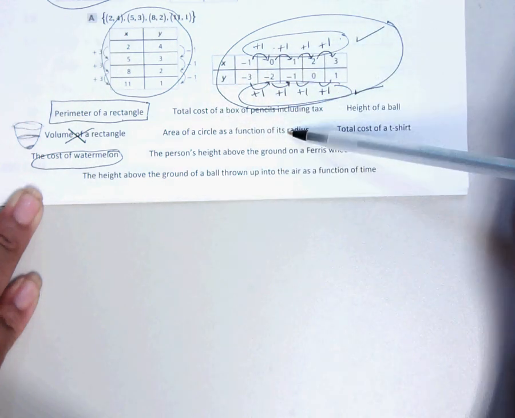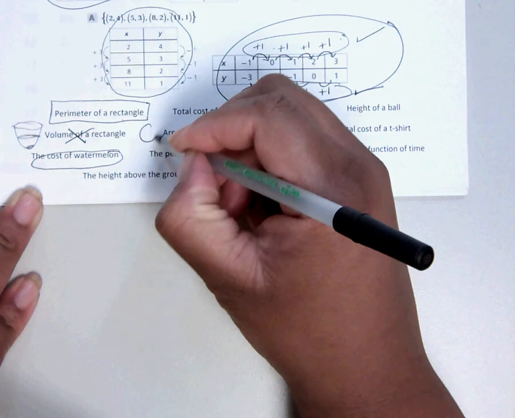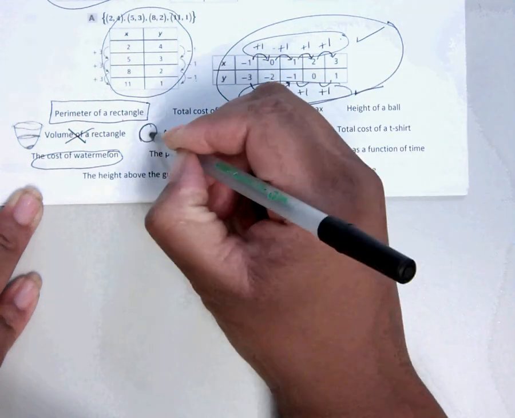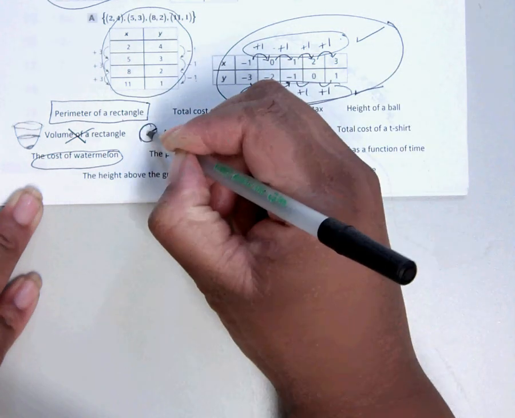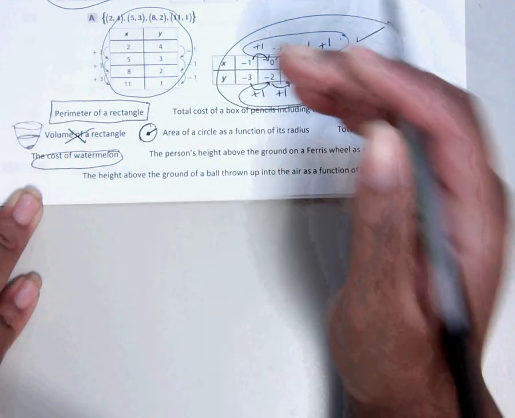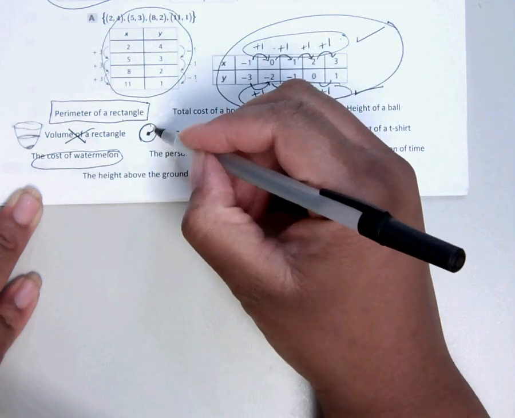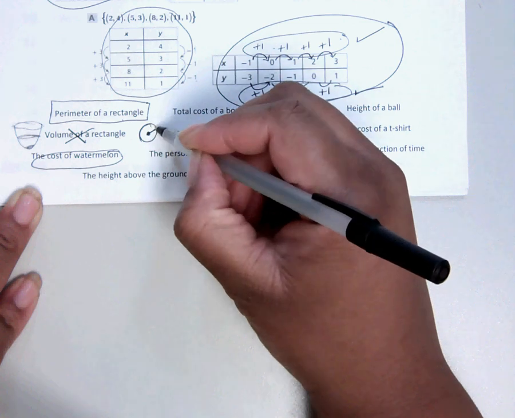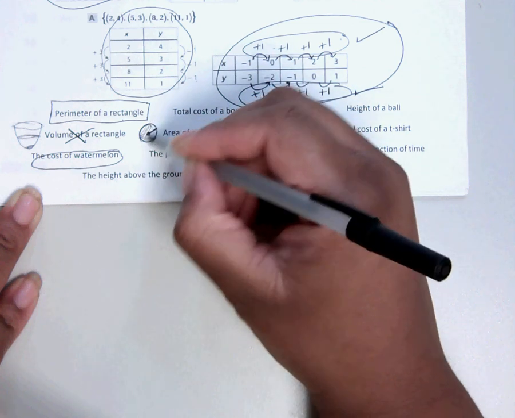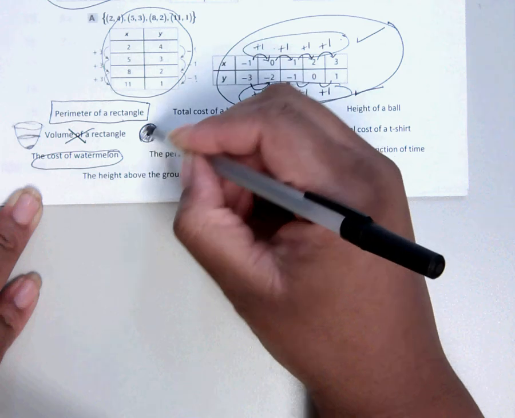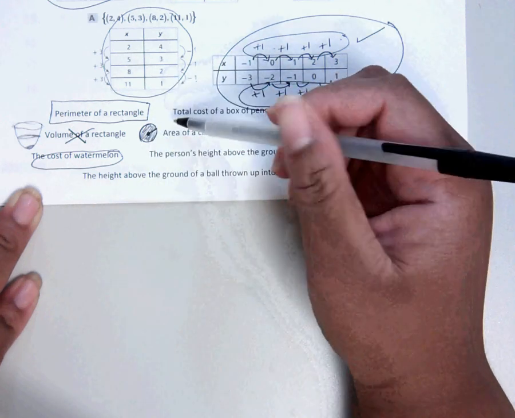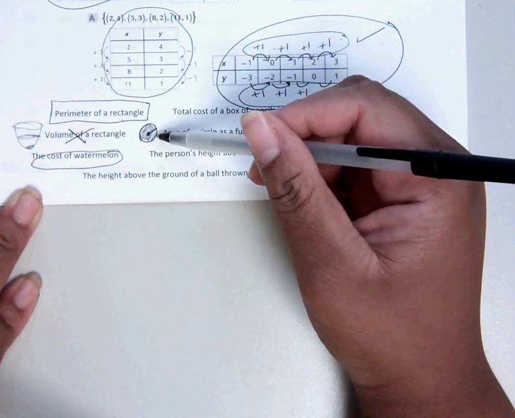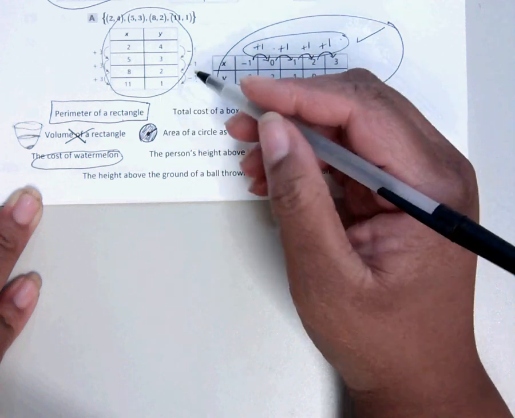The area of the circle. So here's my circle, and here's my radius. I want to know, is this circle going to be consistent in the distance all the way across, or let's say the area of this. Not distance, but area. So I want to know, is area one-dimensional? No, it's not.